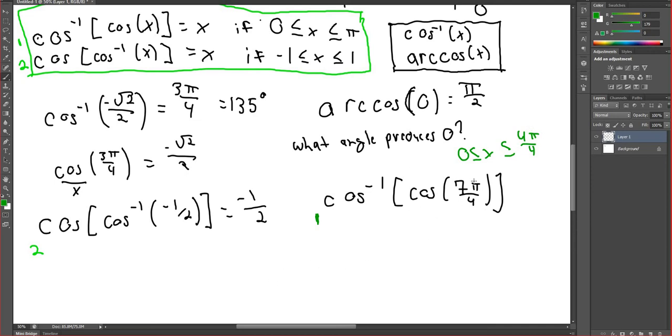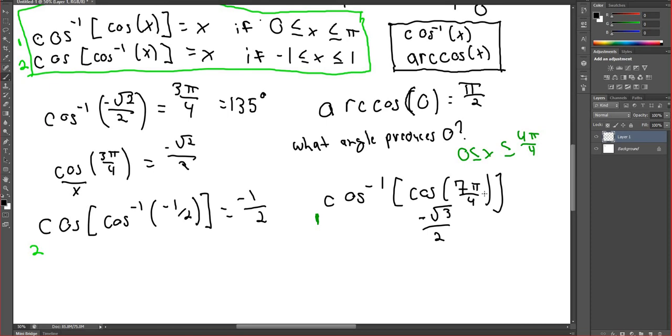So if we look at our unit circle, what is the x-coordinate at 7 pi over 4? Negative square root 3 over 2. No, that's wrong. It's square root of 2 over 2.